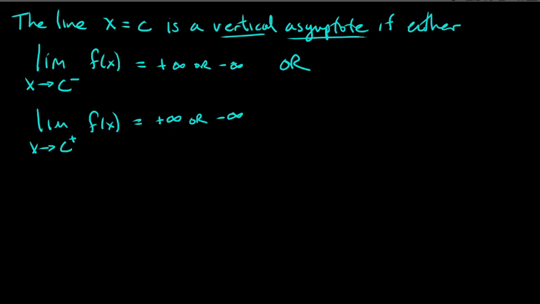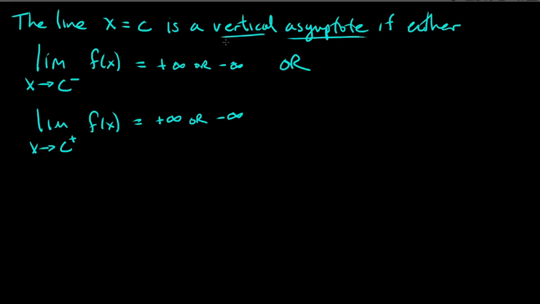Okay. In fact, we can use this idea of infinite limits to define a vertical asymptote. Now, in your pre-calc days, you might say, well, they did that in pre-calculus, right? They told us what a vertical asymptote is. And they really didn't.